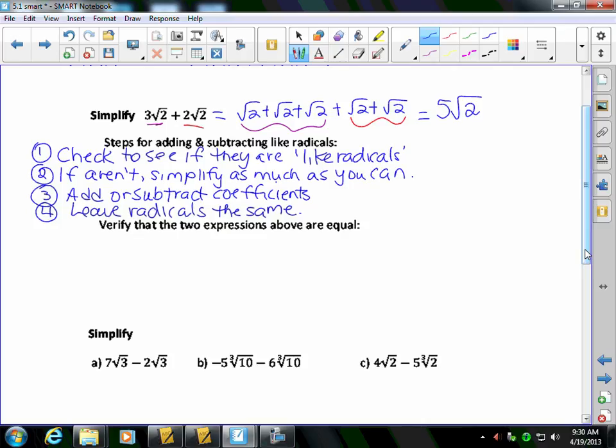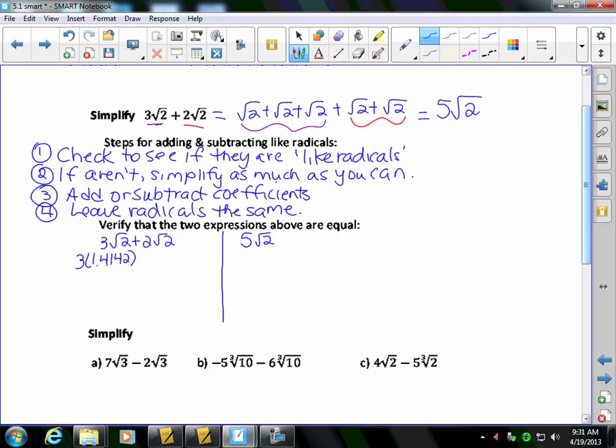So the next part says verify that the two expressions above are equal. So what we want to do is see, does our left side equal our right side? So on your calculators, the square root of 2 is 1.4142.